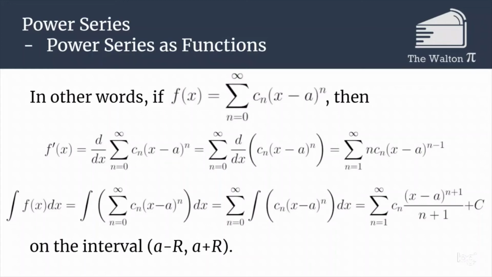We can also take the integral, so the integral of f of x is going to be the integral component-wise. I apologize for the typo on the last sum there: the sum from n equals 0 to infinity of c sub n (x minus a) to the n plus 1 all over n plus 1, plus C. That is going to be what the integral of our function would be.